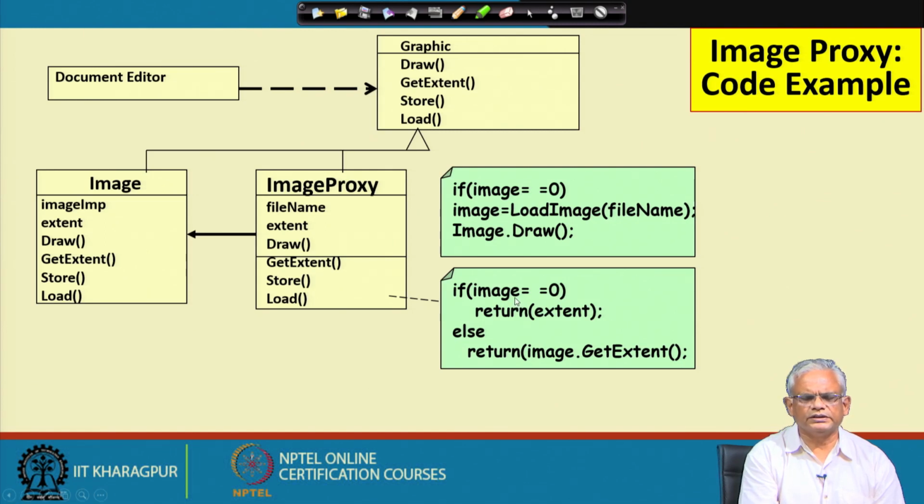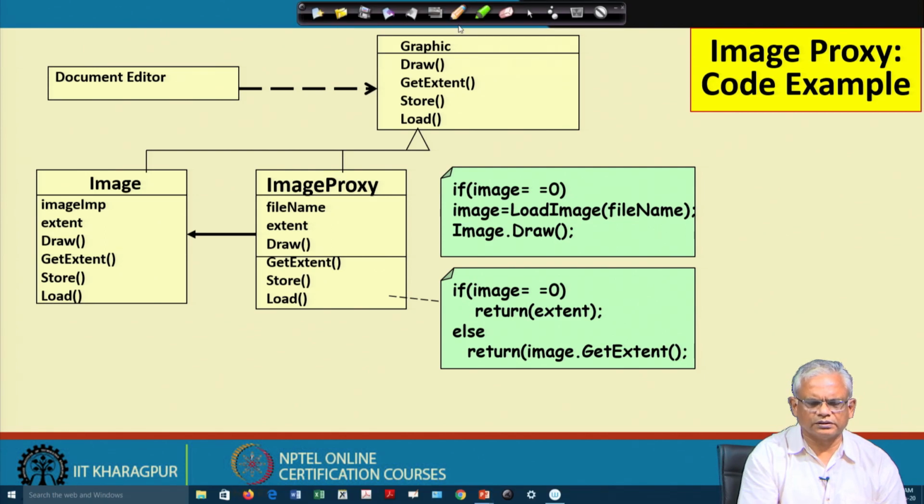And if the image is not loaded, then it loads the image. So, this is the get extent method here. If the image is not loaded, it returns the extent that it stores, which is the approximate extent, and if the image is loaded, then it calls the method image.getExtent.